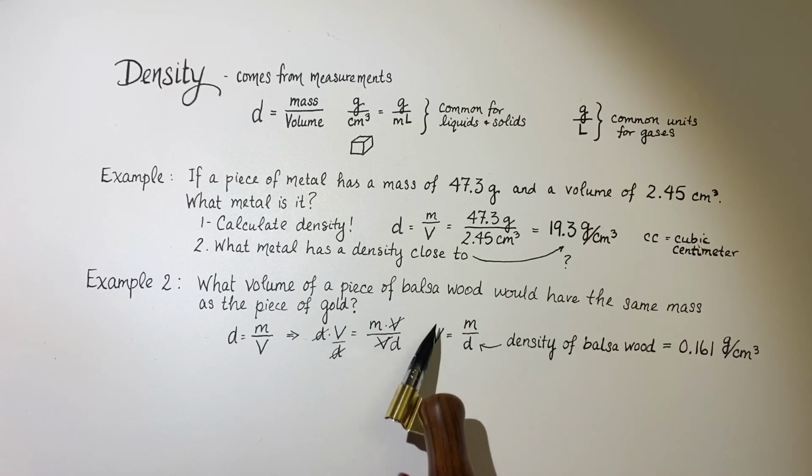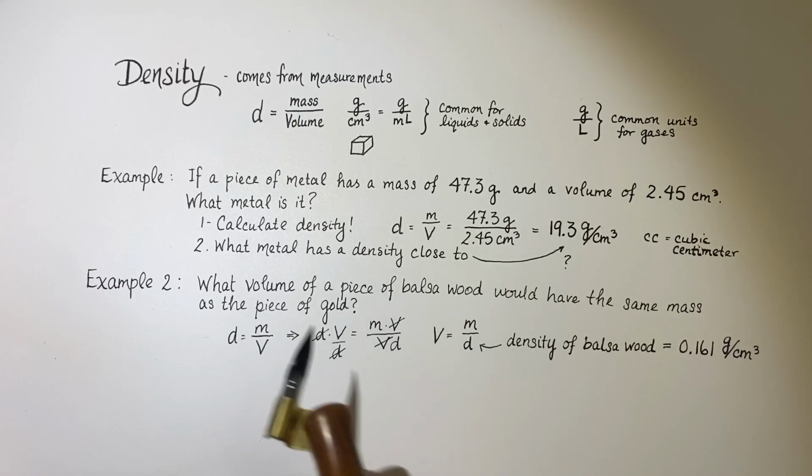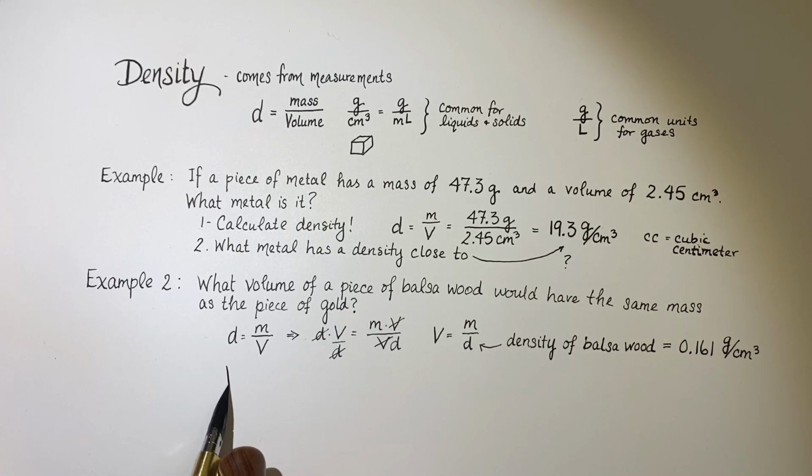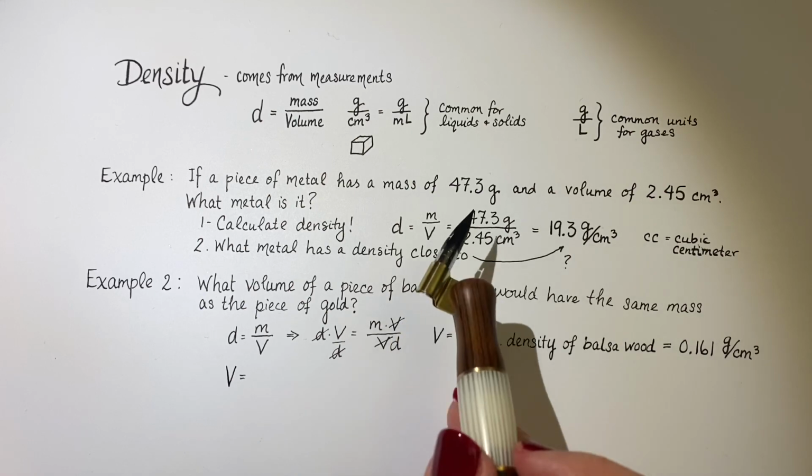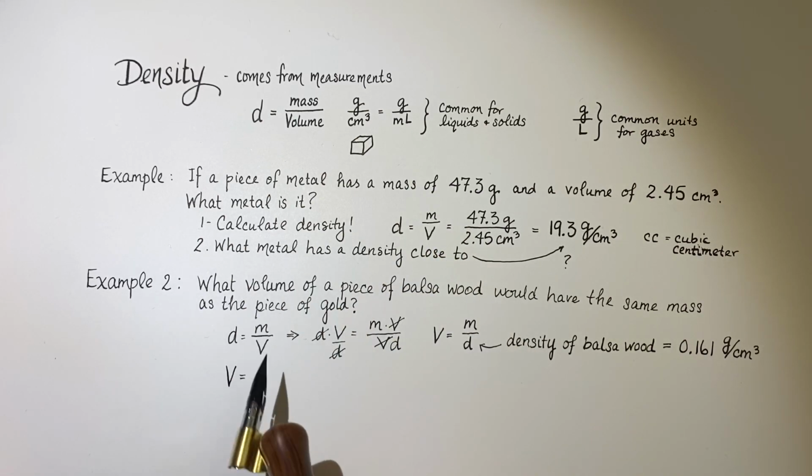Alright, so now we can answer a question. What volume would the piece of balsa wood have that weighs the same as this gold up here?